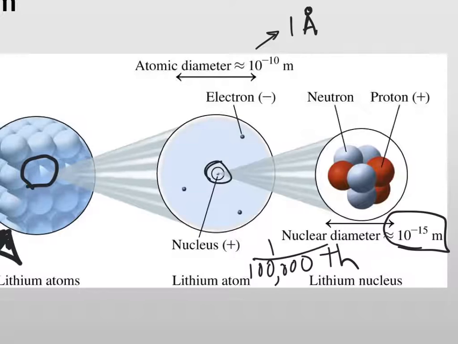To put this into perspective, if you have a marble as the nucleus, the outer surface of this marble atom, quote unquote, would be, I think, 3 football fields away. But it would contain all of the mass.